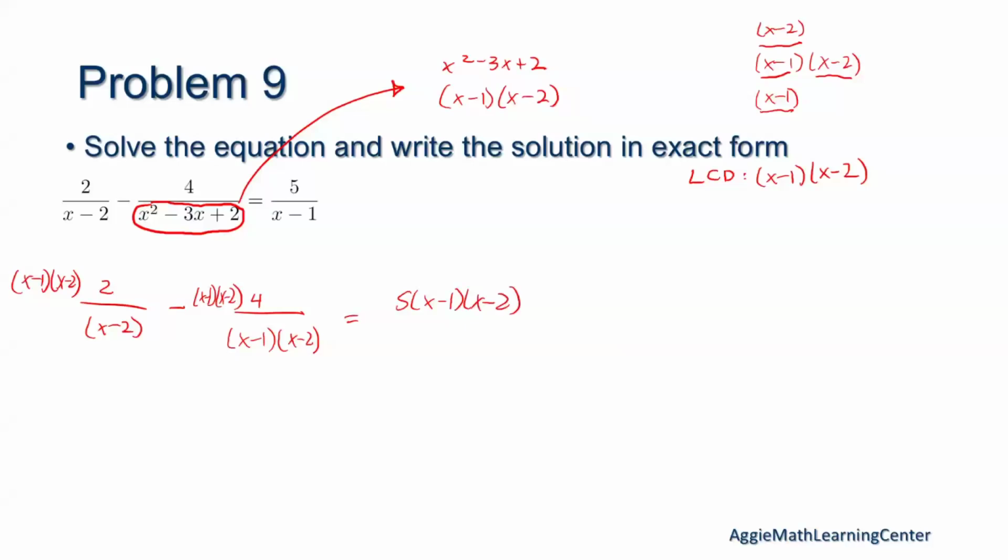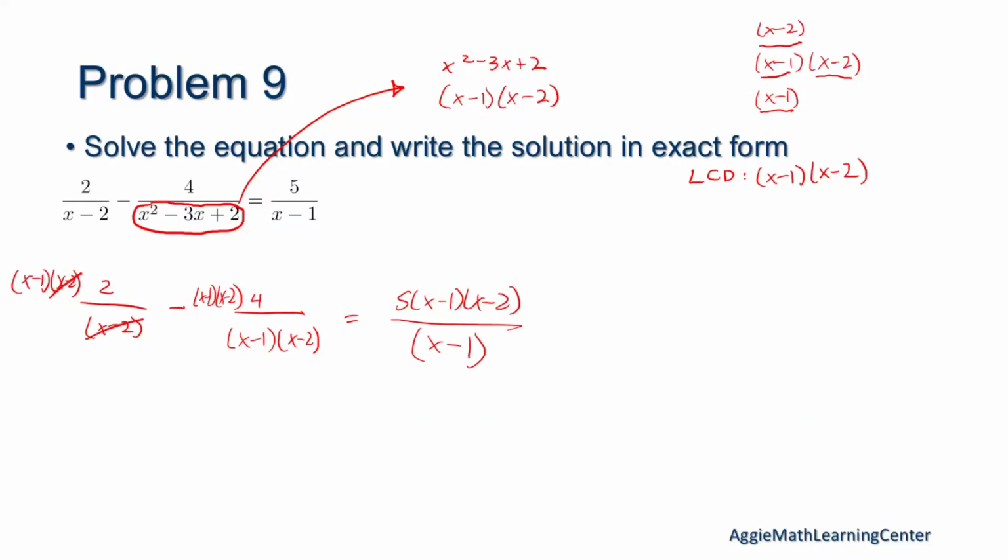I'm multiplying everything by the same thing, and therefore I can multiply by this. So the first one, what can I divide out? x minus 2. Yeah, so I have x minus 2 over x minus 2, and x minus 2 divided by x minus 2 is just 1, so we can cancel those out.